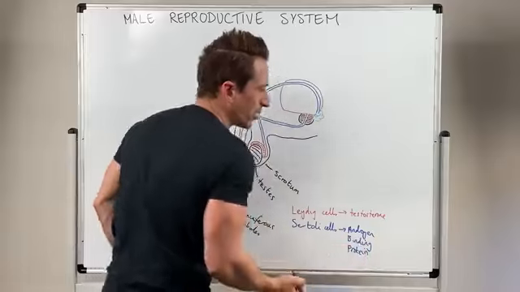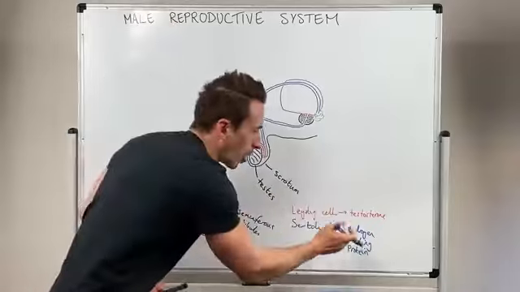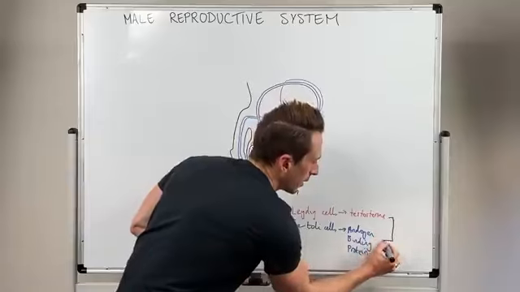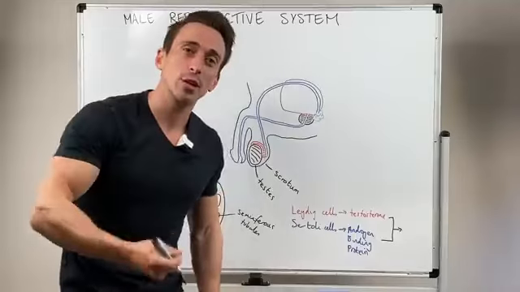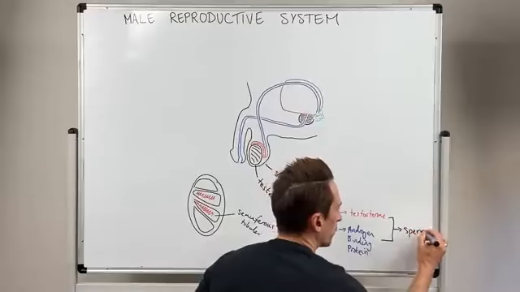Now, an androgen is a male sex hormone, i.e. testosterone. So it binds to testosterone. If they bind together, what they do is they promote the production of sperm.